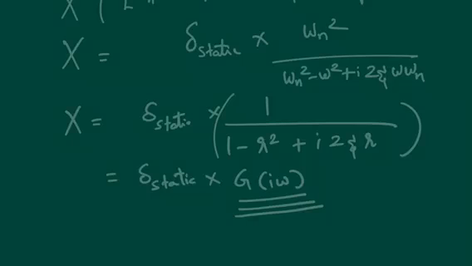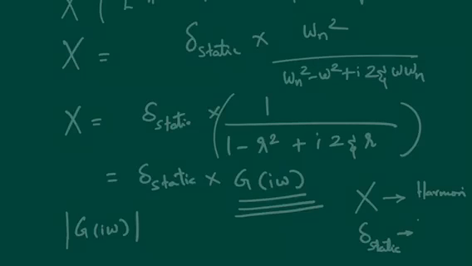Moreover, you can think of the modulus of g of i omega as the value by which, now X is the amplitude of our system when it is undergoing a harmonic excitation, whereas delta static was the amplitude or the deflection in our system when the force was time independent, not harmonic.